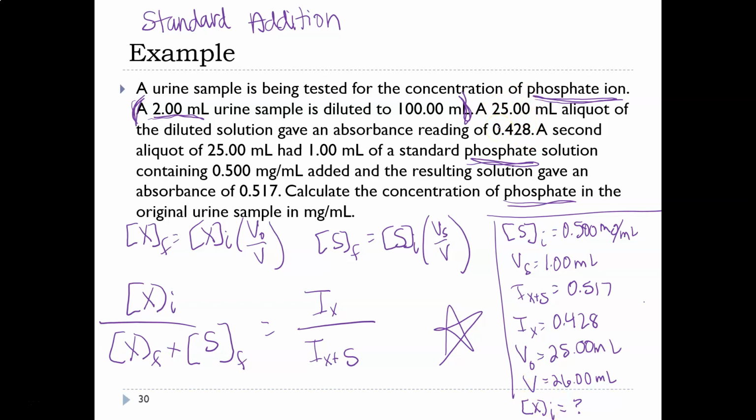Now, remember how we had the thing in parentheses, like before we'd made our test: the 2 milliliters of the urine sample is diluted to 100 milliliters, and they used that. So that xi is the concentration of this. We need to know the concentration of that original 2 milliliters.